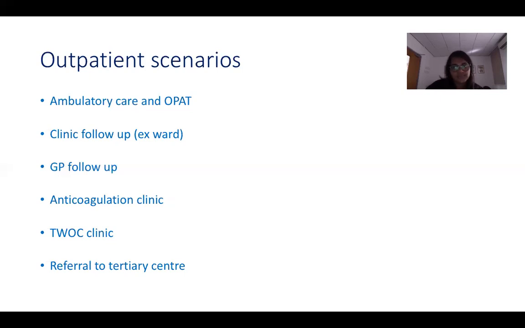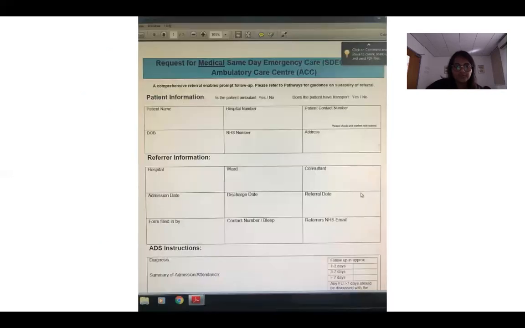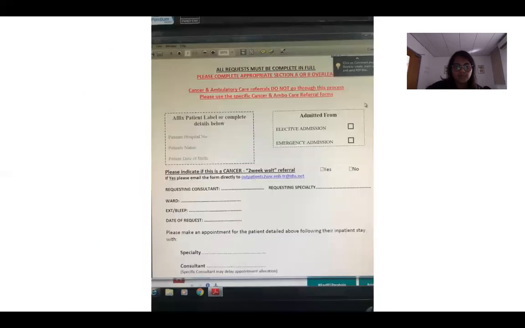So clinics for any specialties, obviously, that have a follow-up process. You'll hear the term ex-ward bandied about at Lister. So an ex-ward referral, this is an ex-ward form. Sorry, not very high tech. I've just screenshotted a lot of these. For the ex-ward referral, you basically put the patient label and you say which team you're from and which team you want to refer to.